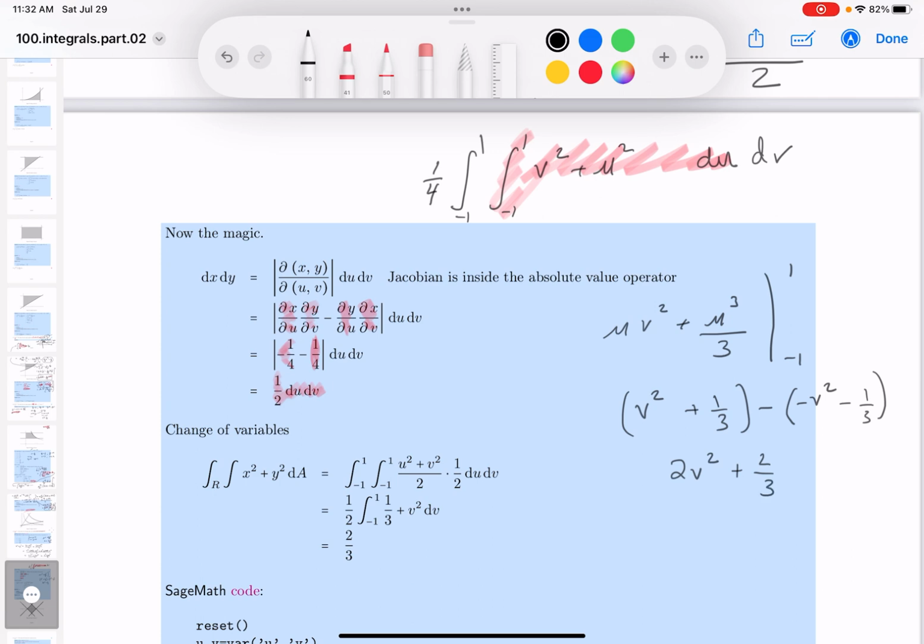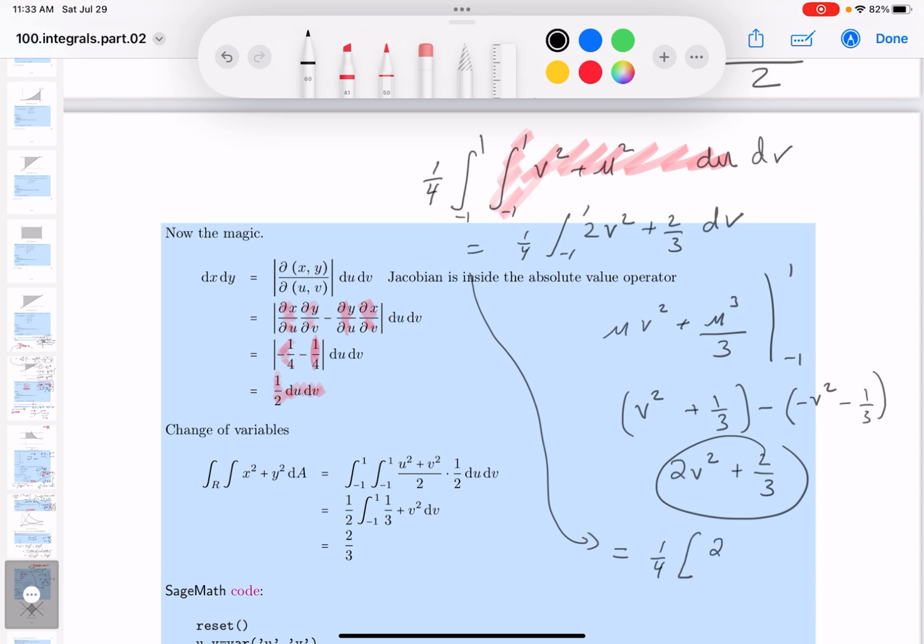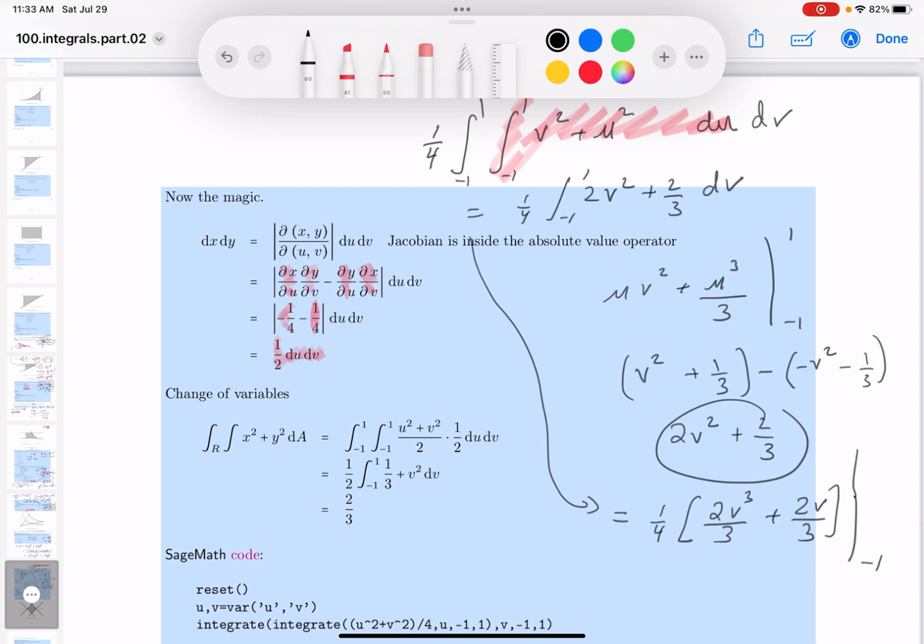All right, let me write that down for you. 1/4, minus 1 to 1, not v squared, 2v squared. I'm copying this, by the way, plus 2/3 dv. All right, let's see if we can do that. That is going to be 1/4 times 2v cubed over 3 plus 2v over 3. Limits of integration go from minus 1 to 1.